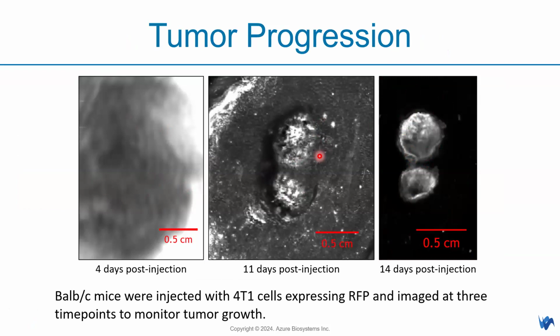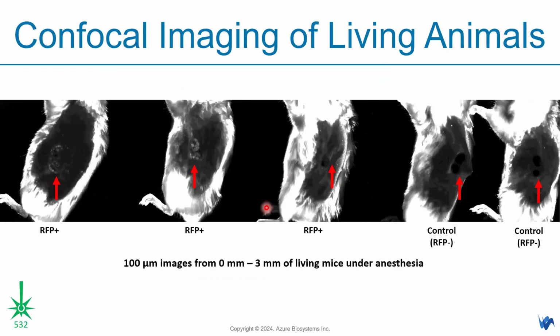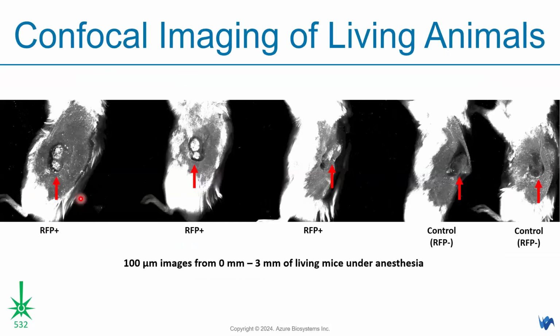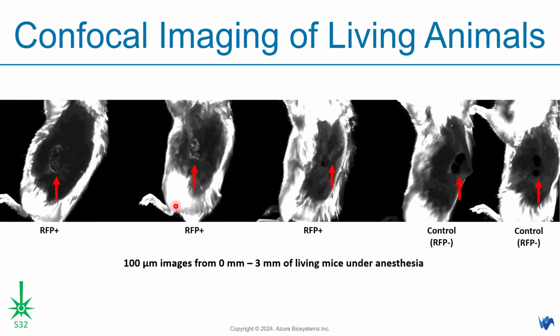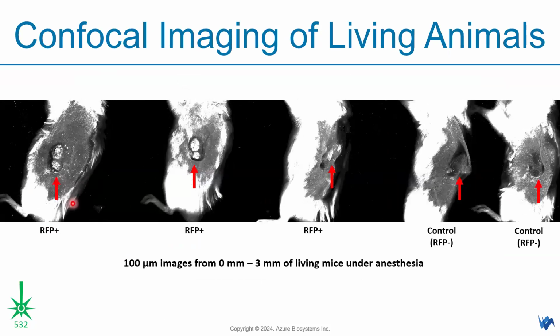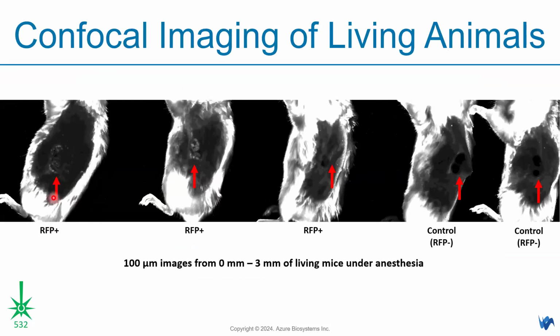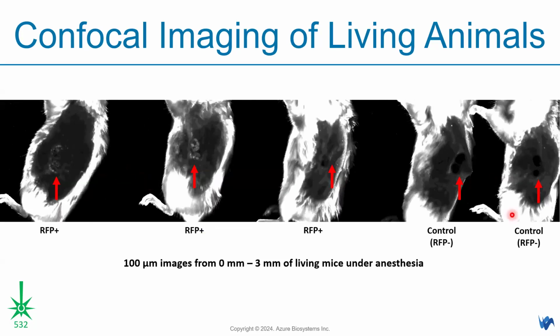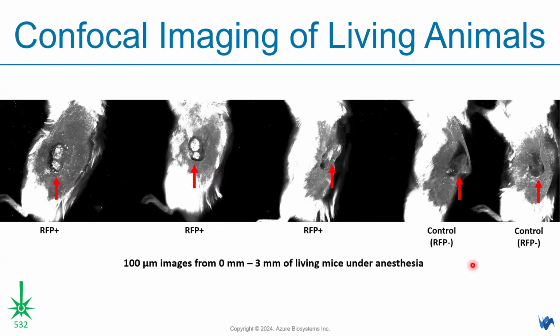And here's a GIF file showing the confocal imaging of this tumor growth. All were injected with 4T1 cells, but 2 or 3 of them do not have RFP. Those controls have tumor growth but without the red fluorescent protein.